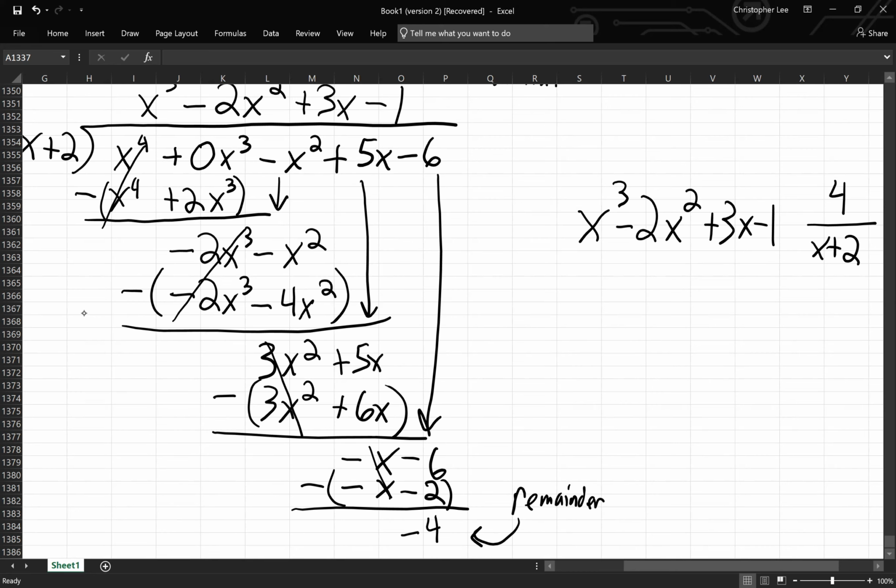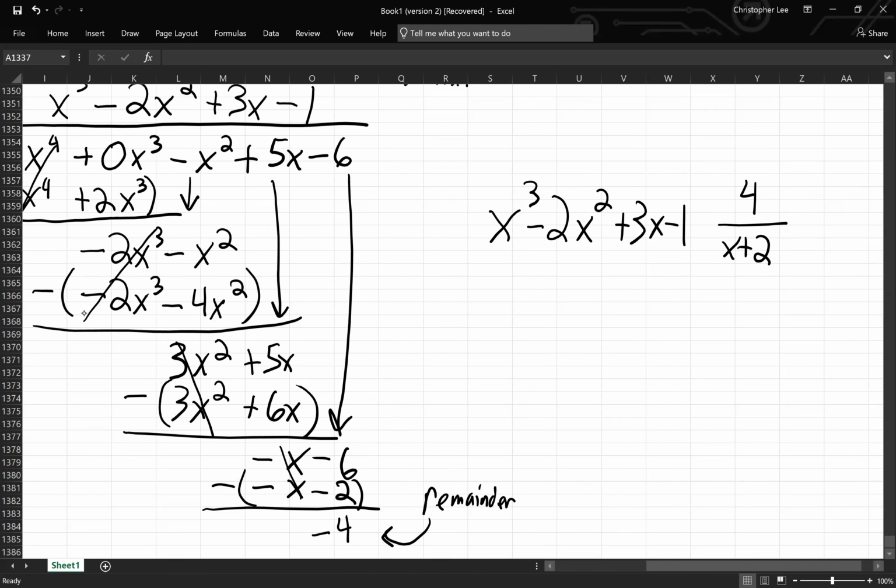Sometimes they might ask you to write it out like that. Kind of similar to how we did mixed numbers. You remember a mixed number when you have 2 and like 3/4, for example? Same idea here. The 2 would be the quotient, and then you have your numerator and your denominator. Same thing.